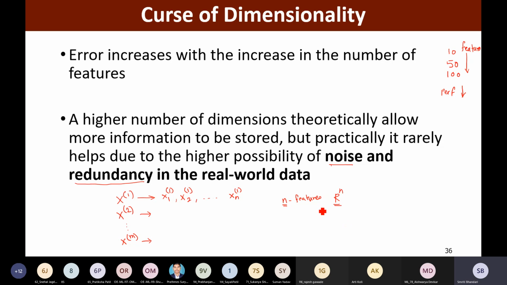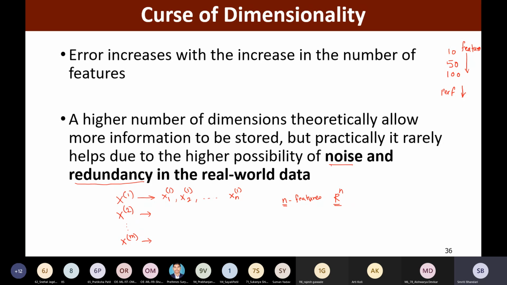Typically, or theoretically, we may feel that if I have many features, obviously I am describing my instance with more details. So with more features, theoretically we feel that we are storing more information, and that this more information may contribute to improving the performance of our model.